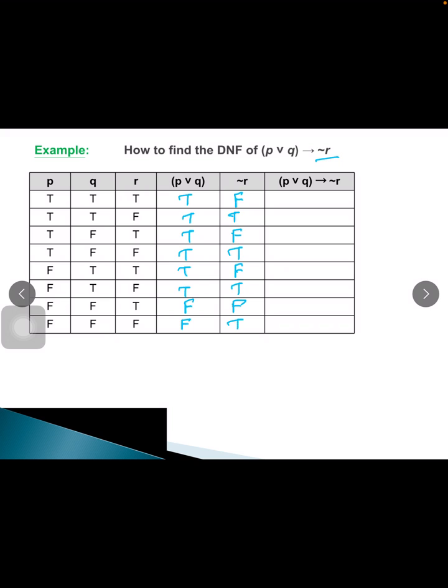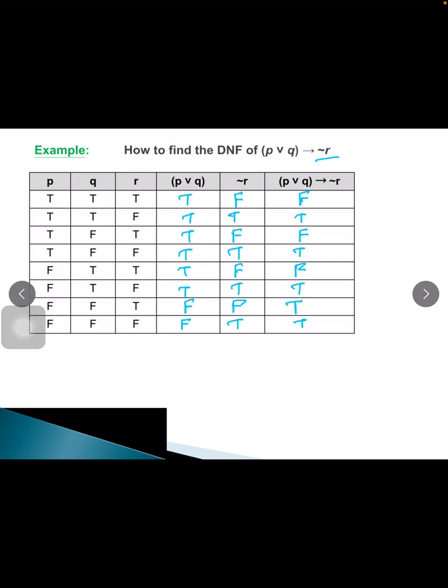Here true implies false becomes false, true implies true is true, true implies false is false, true implies true is true, true implies false is false, true implies true is true, false implies false is true, false implies true is true.